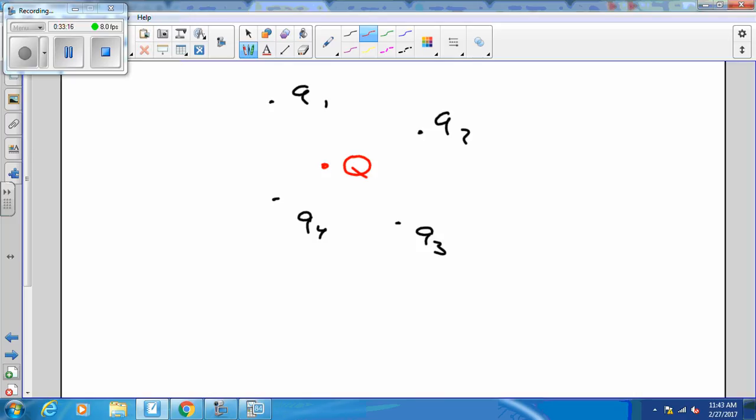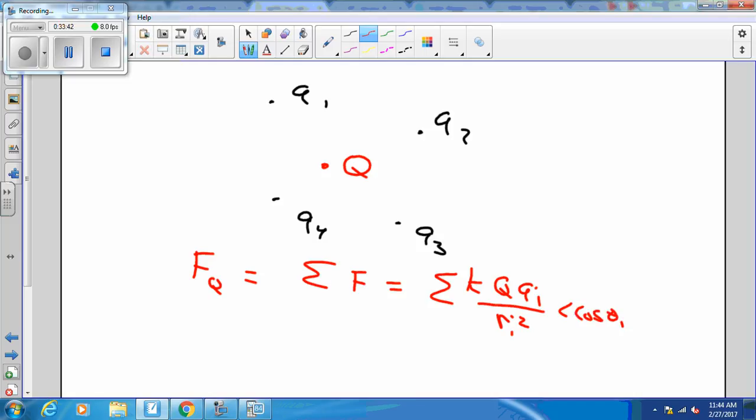Then what I'm going to have is a net force, which is going to be equal to the sum of all of the forces acting, which is going to be the sum of K times Q times Qi over Ri squared times the appropriate direction.